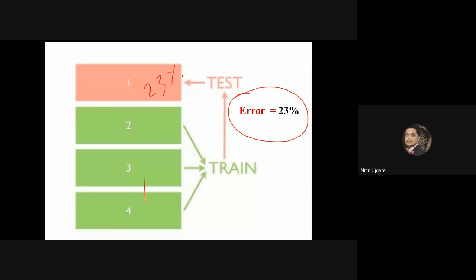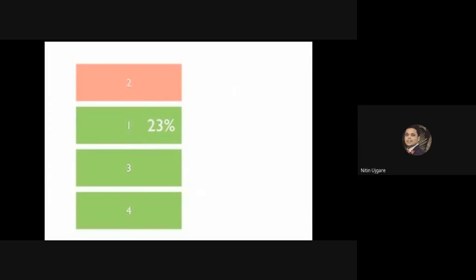I will repeat this procedure for the next iteration. Now I will keep my second fold aside for testing, and the remaining 3 folds, 1, 3, and 4, will be used for training.